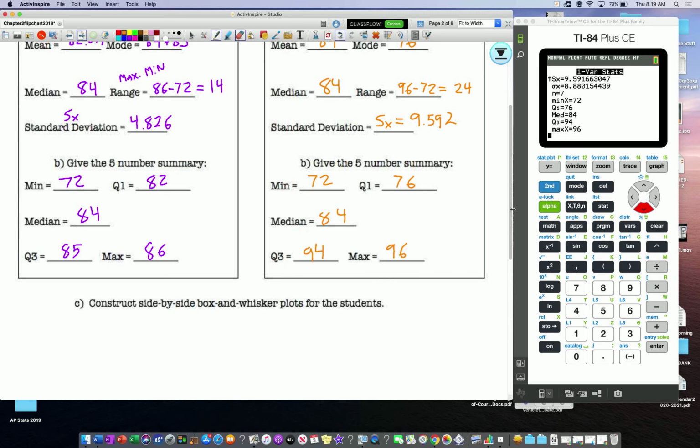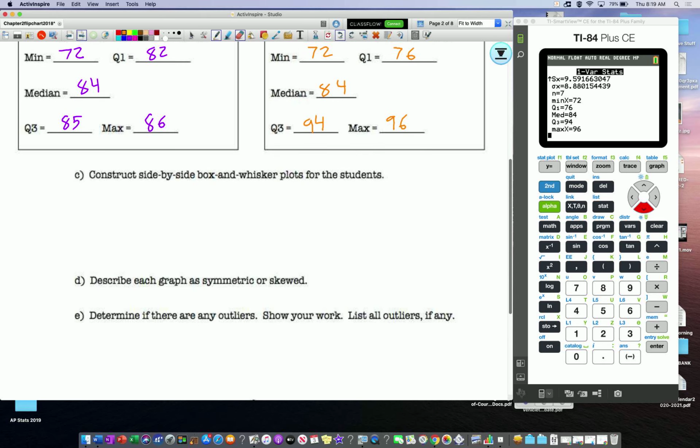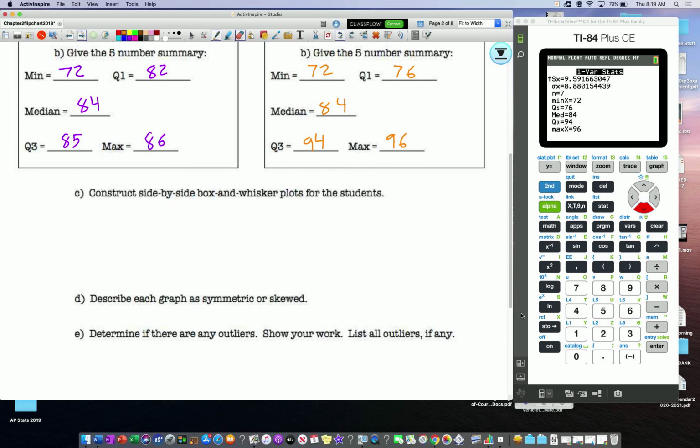Okay. All right, so the last part here I'm going to do is C and D. It says construct side-by-side box and whisker plots for the students. And then D, describe each graph as symmetric or skewed. So I'm going to first start with a number line. I'm going to put them together.